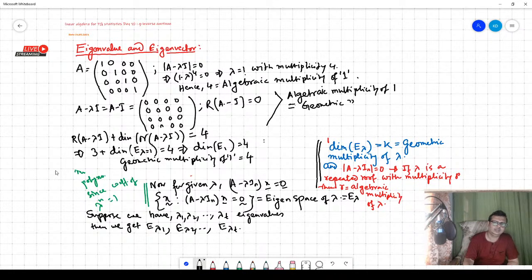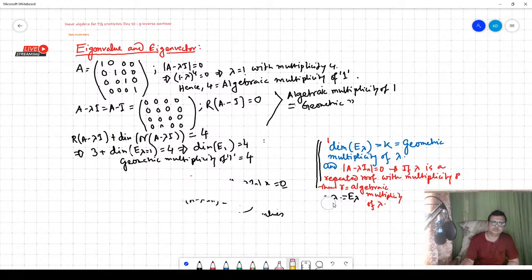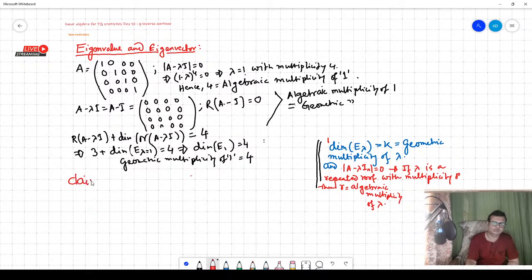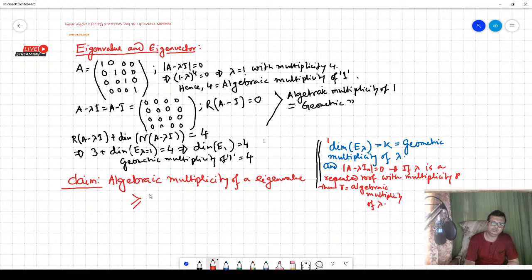Hence we claim that the algebraic multiplicity of an eigenvalue is always greater than or equal to the geometric multiplicity of an eigenvalue.